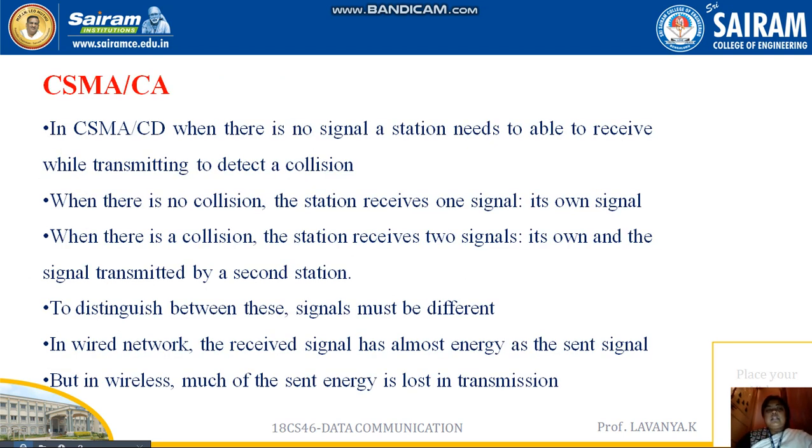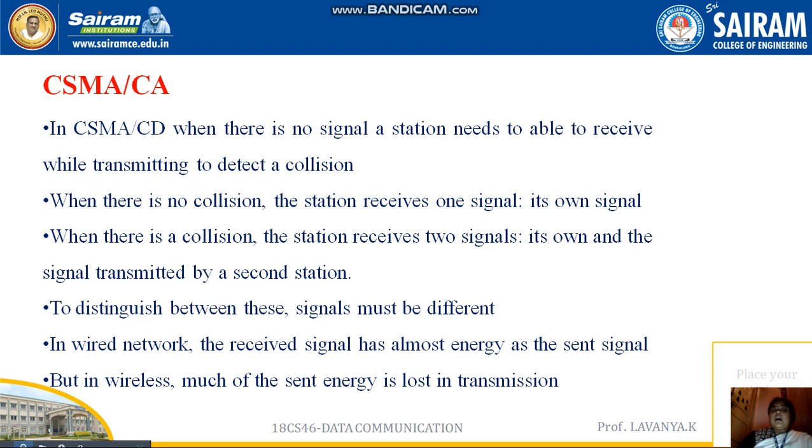And then this is CSMA/CA. So I told you, to overcome this detection method, we are going to introduce one more method, that is collision avoidance mode. In CSMA/CD, if there is no signal, the station needs to be able to receive while transmitting to detect a collision.